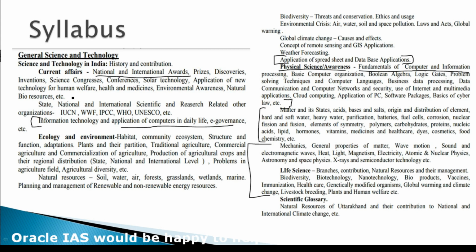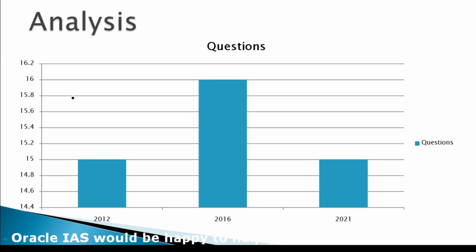Now once this is out of the way, let us see what kind of proportion they command in the exam. So in 2012 they asked 15 questions, in 2016 they asked 16 questions, and again they went back to 15 questions in 2021. So basically around 10% of the paper they have consistently asked from this particular section.